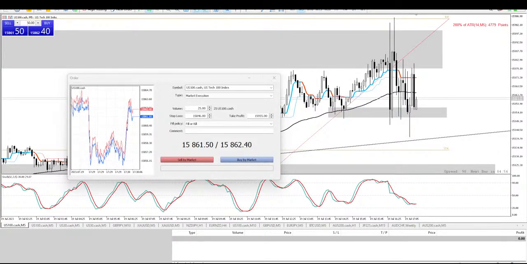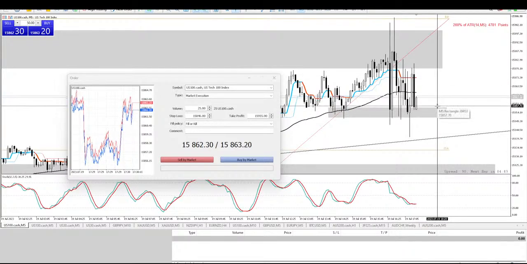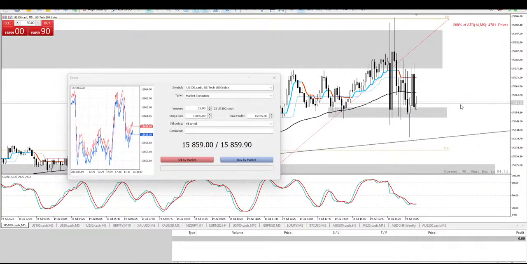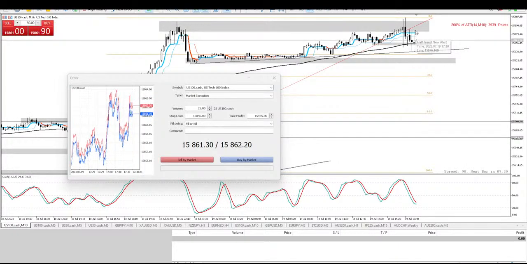So that's almost a bearish engulfing candle after a very strong bullish candle. Yep, this is nuts. And look at that. That's a strong bearish candle.